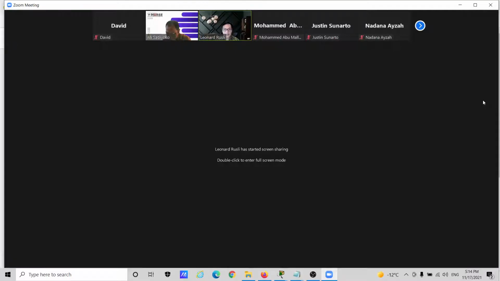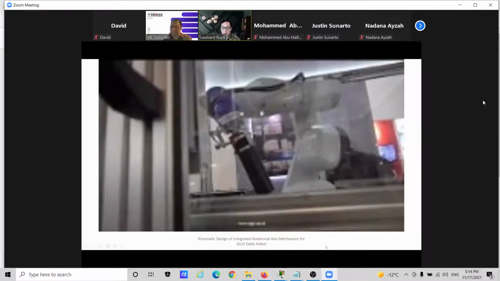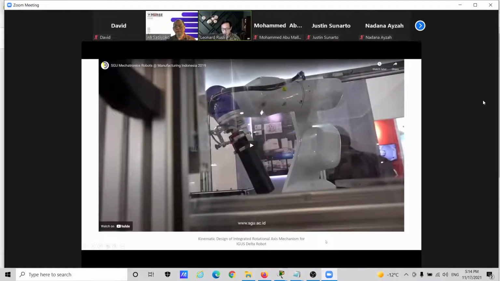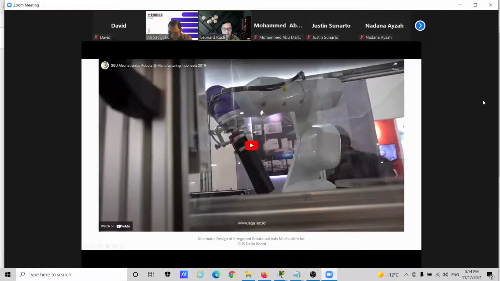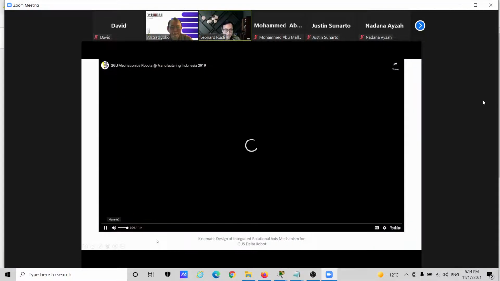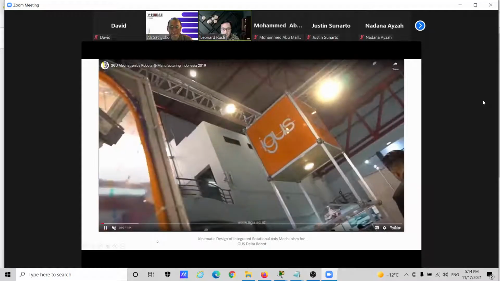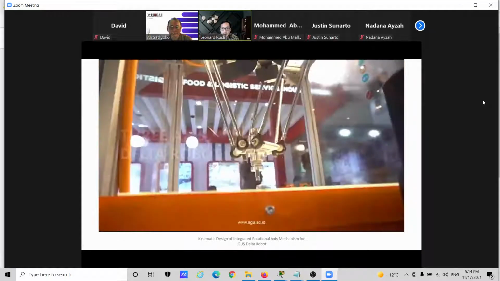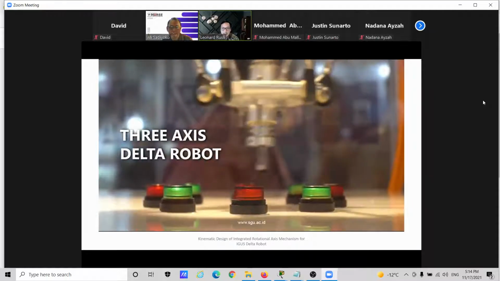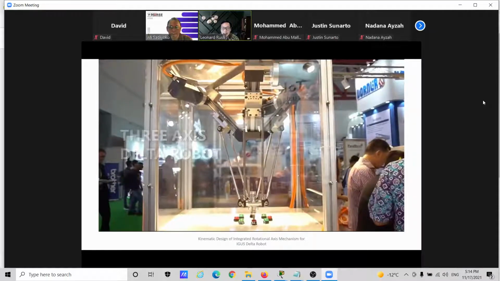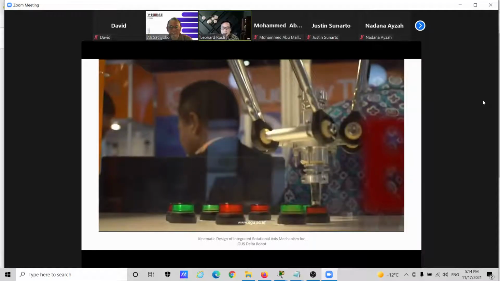So let me introduce the project before we start. The project was a cooperation between IGUS, Beckhoff, and Swiss German University. This is the first stage of the project at the IGUS booth in the manufacturing trade show in 2019. It's a 3-axis Delta robot.